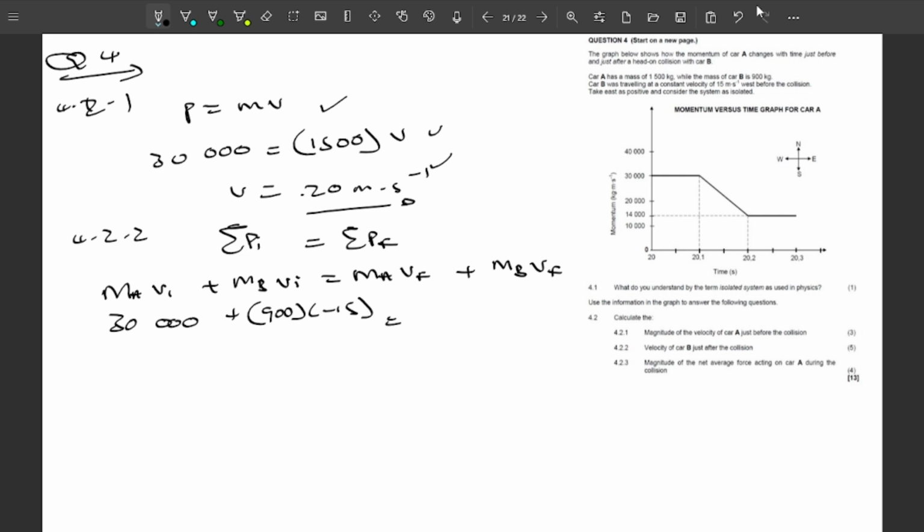The momentum of car A after the collision is 14,000, and for B it is 900 times the VF that we're looking for. So you're going to simplify by adding the 30,000 with 900 times negative 15, and you should get negative 105,000.